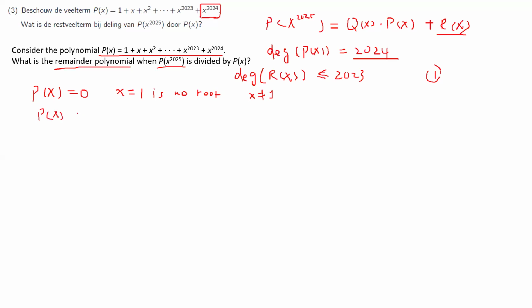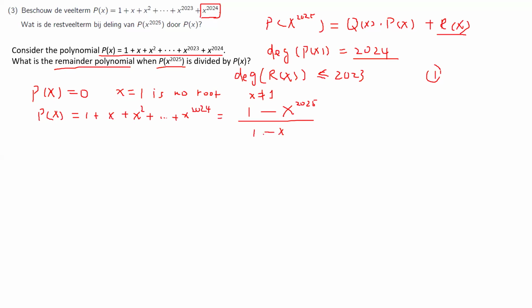Okay, so then we can just reform this equation. 1 plus x plus x squared plus dot dot dot plus x to the 2024th power is actually (1 minus x to the 2025th power) divided by 1 minus x.